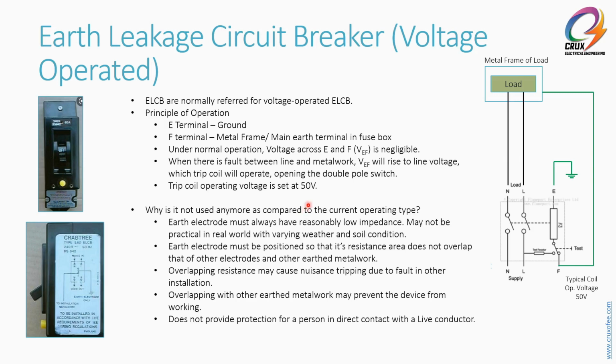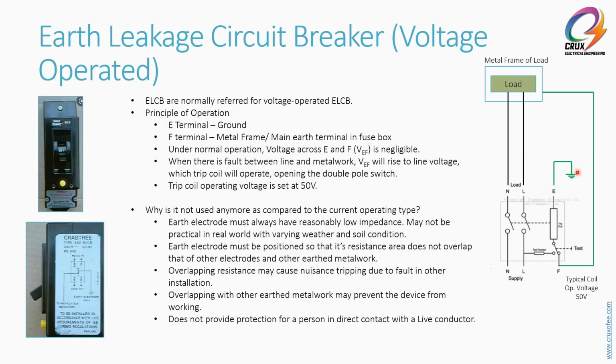However, why is it not used anymore in modern times? Your earth electrode must have reasonably low impedance, maybe 100 ohms, 300 ohms, 500 ohms. For example, if you want to limit the current through a person touching to 100 milliamps, 50 volts divided by 0.1 amps gives 500 ohms.